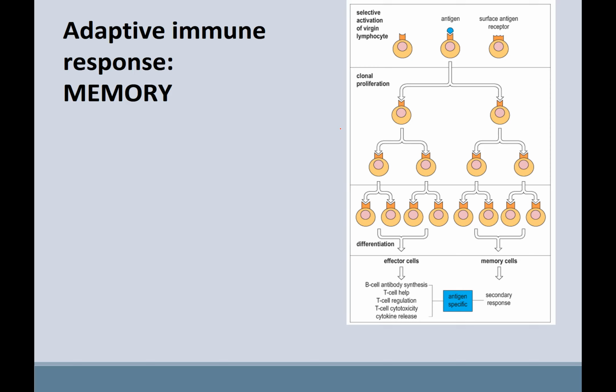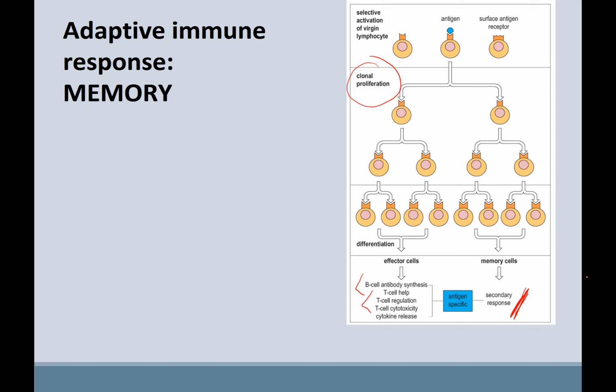So I've said memory, memory, memory. I want you to really understand that the adaptive immune response is about memory. So you can have B cells and you can have T cells as part of that memory. Clonal proliferation means once they get stimulated, they make more of themselves. Okay.